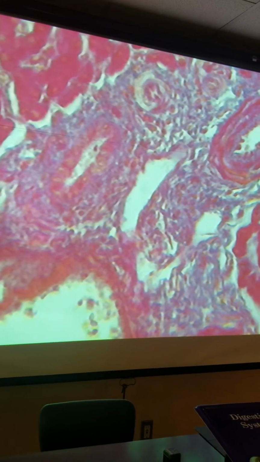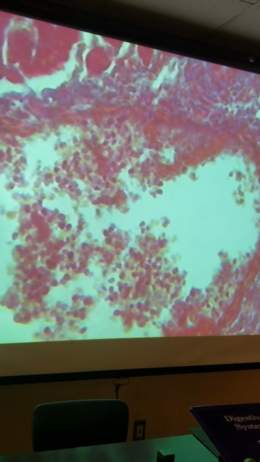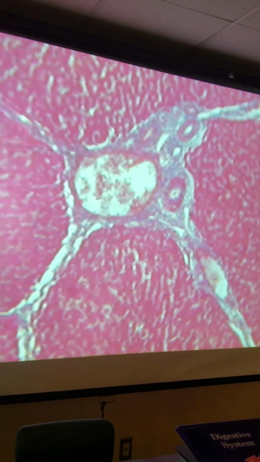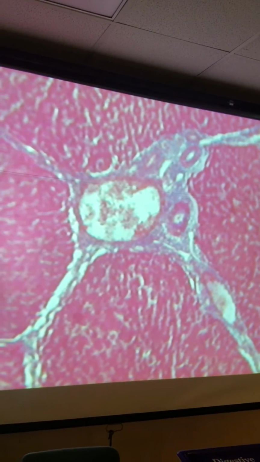This is high power. All right. So let me go back. This is low power, and then I'm going to go up in magnification so you can see it again, and then we'll go back again.